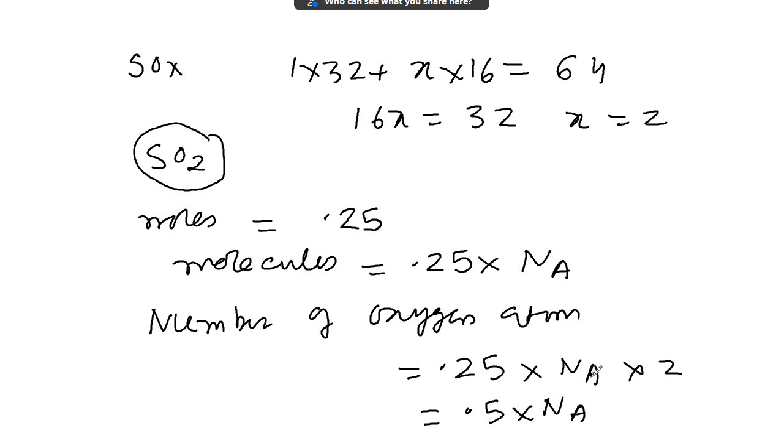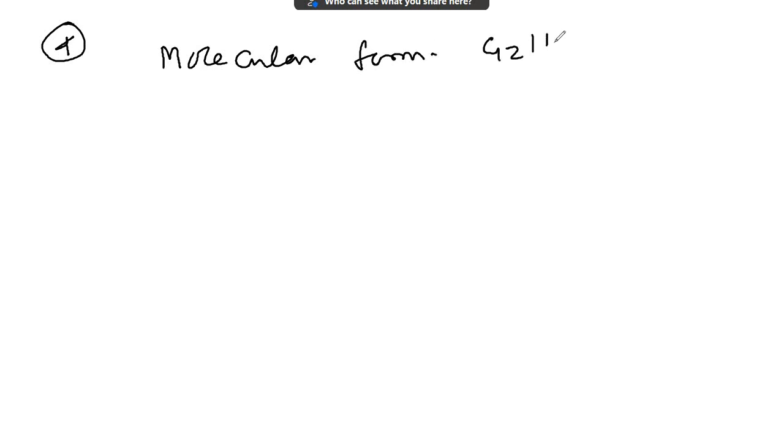Let us proceed to the fourth sum. The fourth sum is given as a compound with molecular formula C12H22O11. This is the molecular formula of sugar.